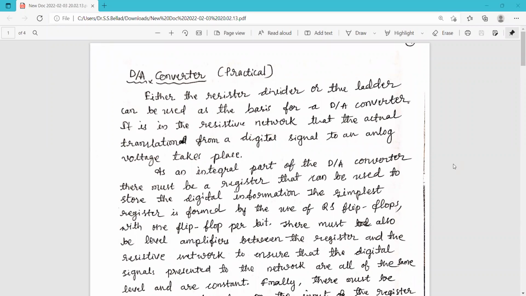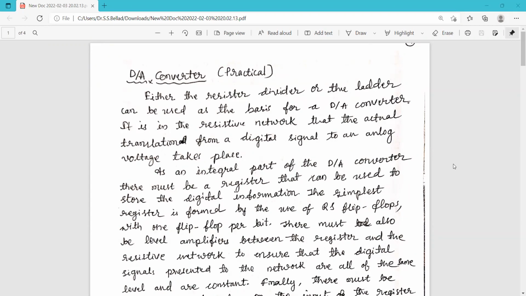Welcome back to this topic of digital to analog conversion. In the last session, I discussed the R to 2R binary ladder network regarding this digital to analog conversion.